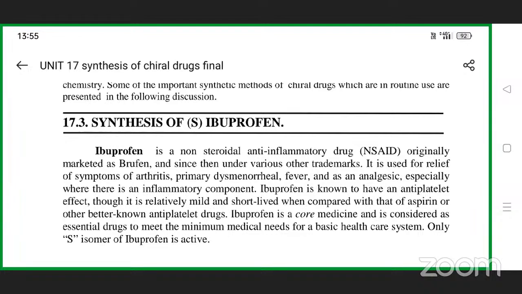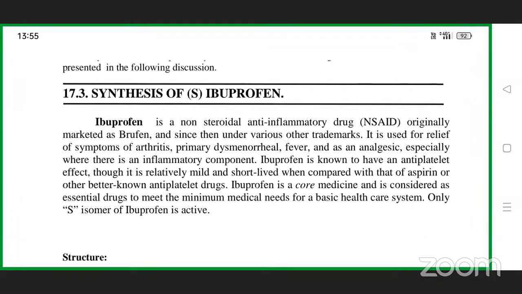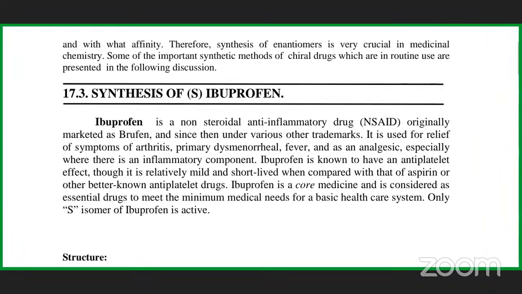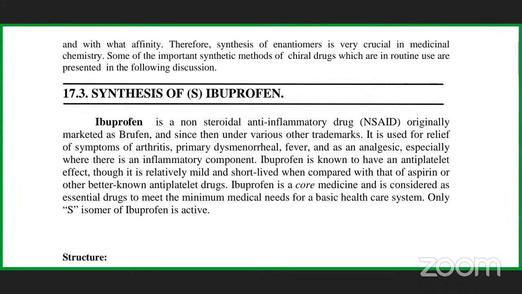For ibuprofen n equals 1, and 2 power 1 is 2. So two isomers are possible for ibuprofen, that is R-ibuprofen and S-ibuprofen.